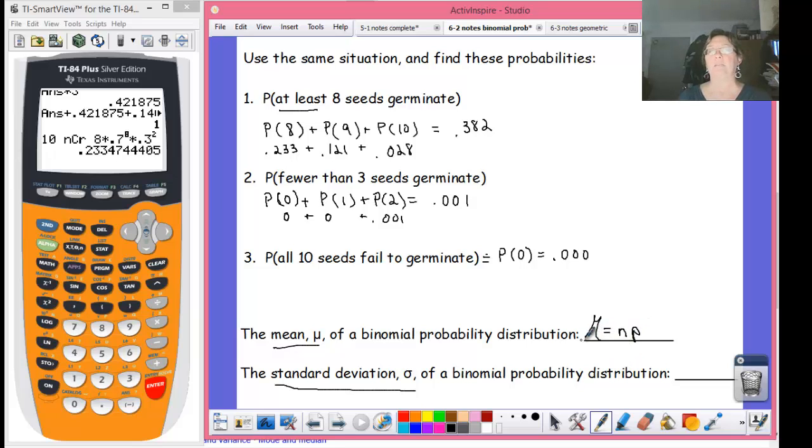So the mean in a binomial is n times p. The standard deviation, the sigma, for the population standard deviation is the square root of n times p times q. Number of trials, probability of success, probability of failure. Good. That ends our discussion on the binomial probability distribution.